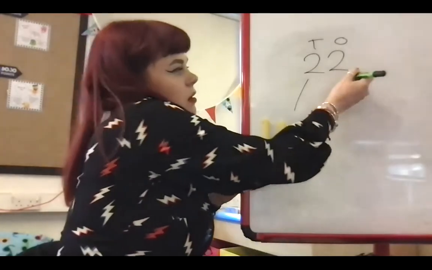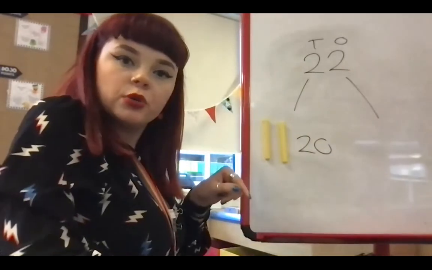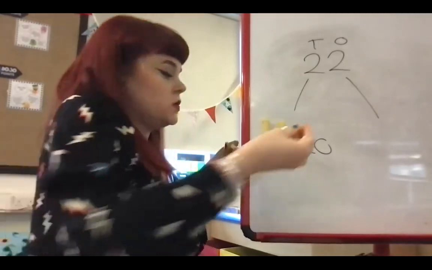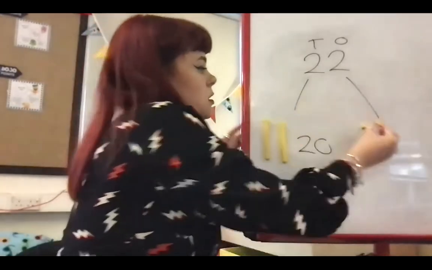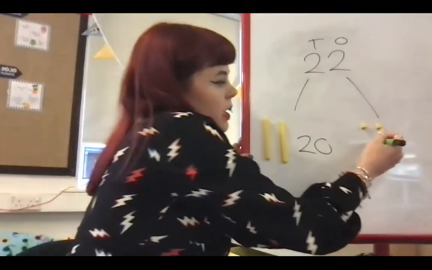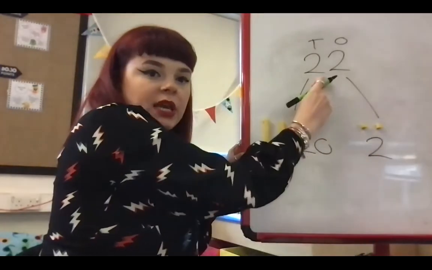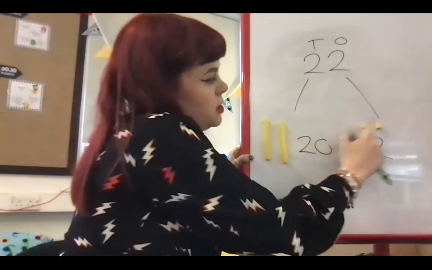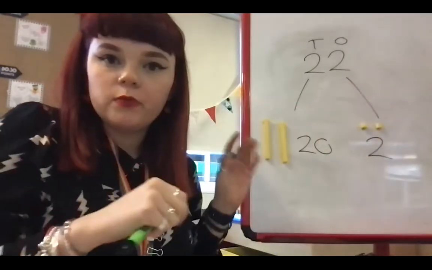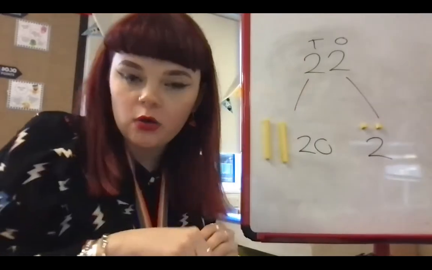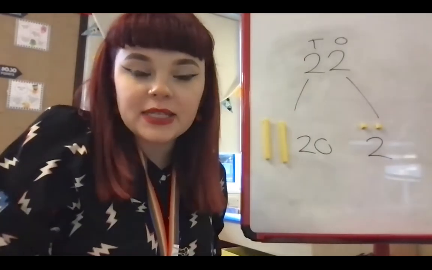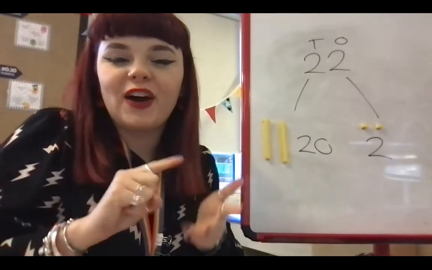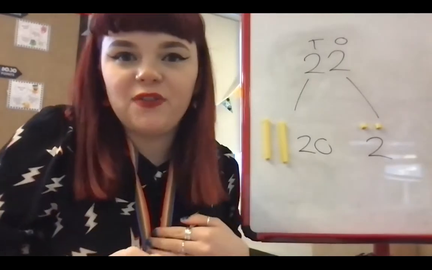And on the one side, I can see the number 2, which represents 2 ones. 1, 2. Now I can check that my two parts come together to make the whole number by counting them. 10, 20, 21, 22. So my parts still come together to make that whole number. Now I would like you to be getting on with number 3, 4, 5 and 6. Come back to me when you're finished.